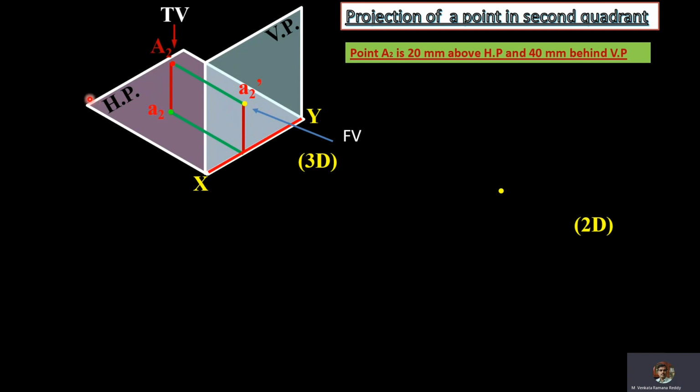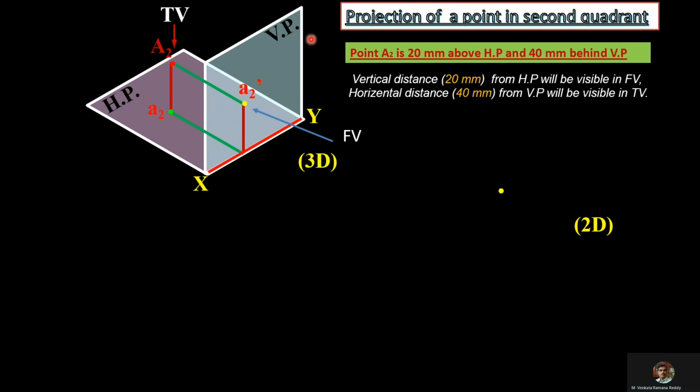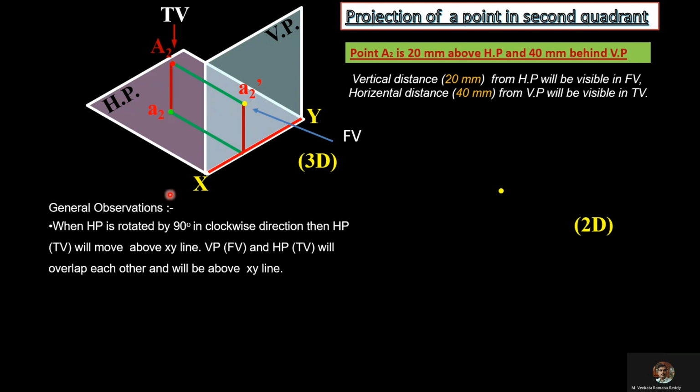After that, we'll rotate the horizontal plane 90 degrees in the clockwise direction so that HP and VP coincide with each other. Here, the front view as well as the top view are coming above the XY line.